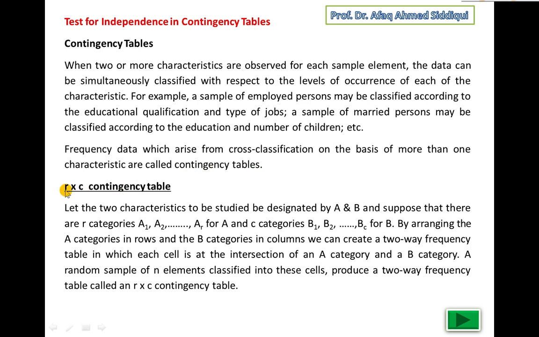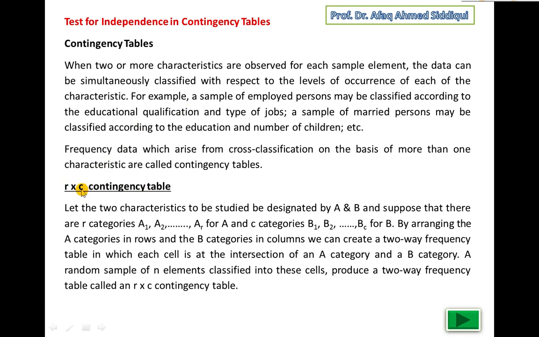Okay. An R into C contingency table means R rows and C columns. R represents the rows and C the columns. If we represent one characteristic in rows and another characteristic in columns, the table will be an R into C contingency table.